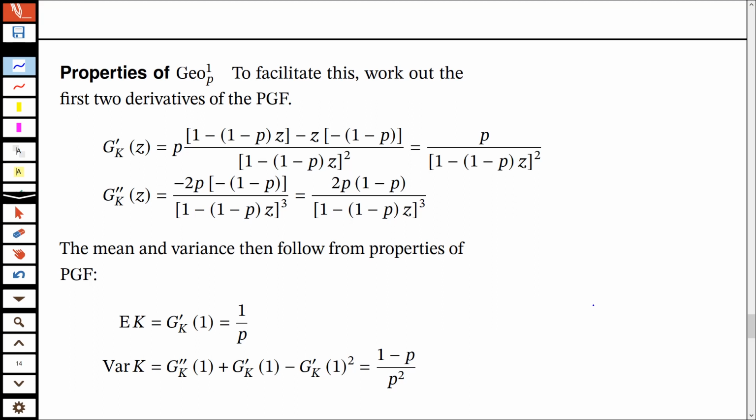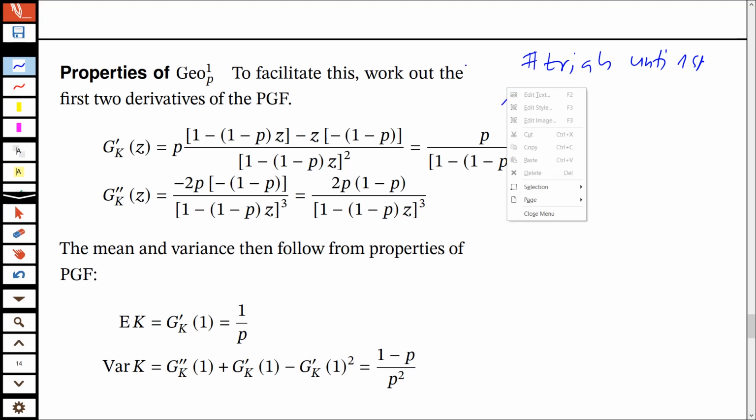Now we can also work out the properties, and remember, this version of the geometric distribution where we are counting the number of trials until the first success is represented by, if we write k there, that k is distributed according to the geometric distribution.